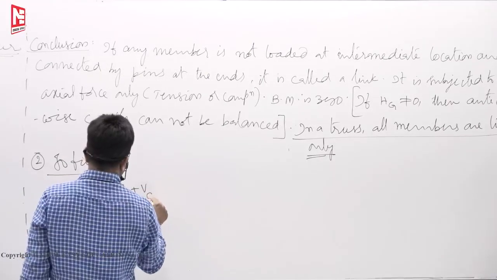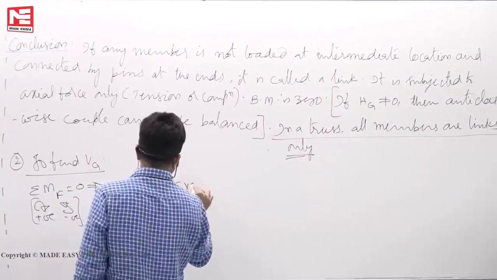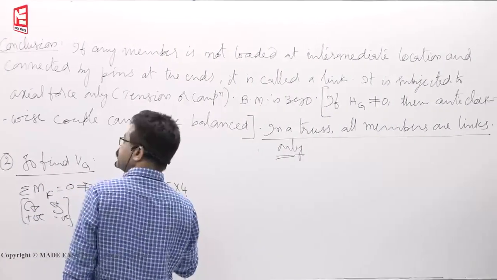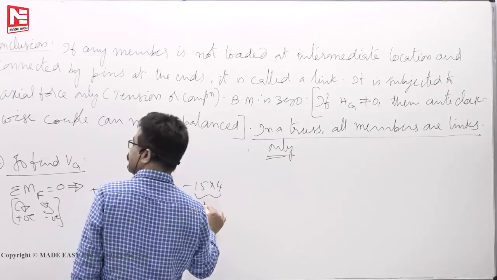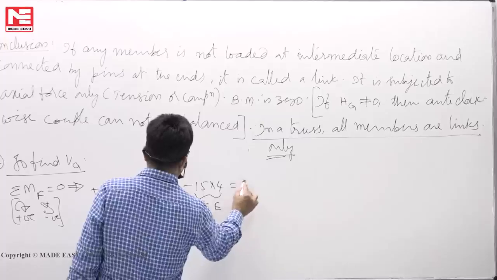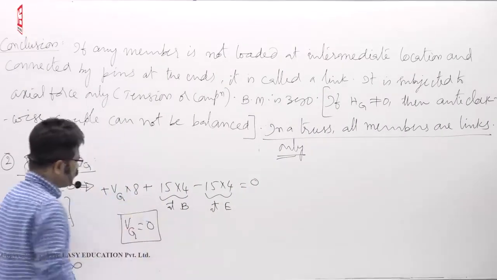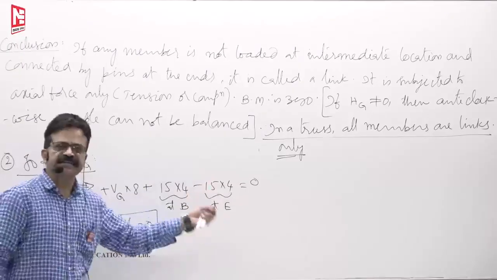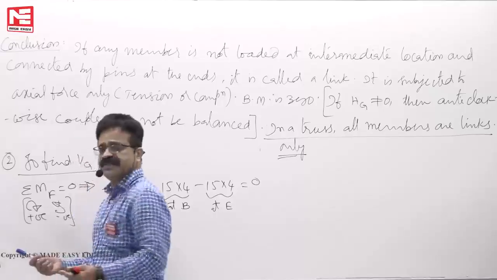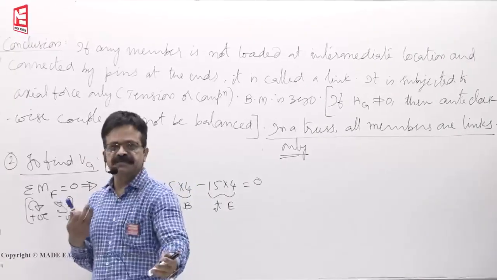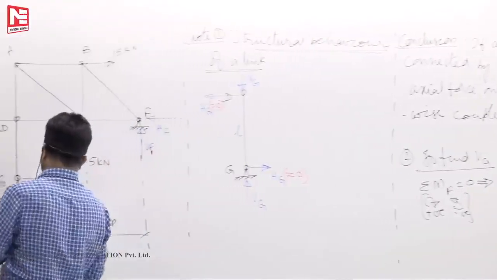Plus Vg into 8 plus 15 into 4, this is the force acting at B, minus 15 into 4, it is the force acting at E, must be 0. So Vg must be 0. But in the exam, so much we should not write and tell that Vg is 0. That's the point here. Otherwise, simply writing like this, then you may get the correct one, but who will give that much time? So this also became 0.